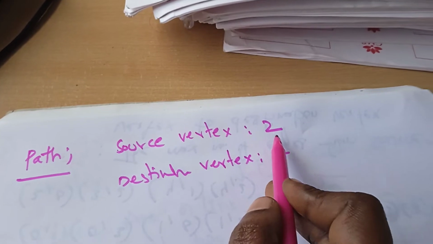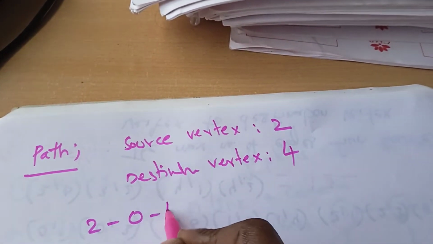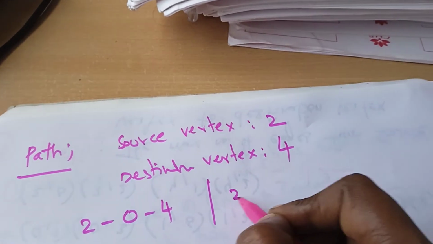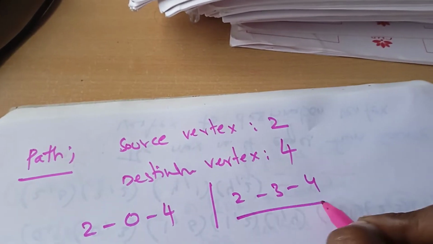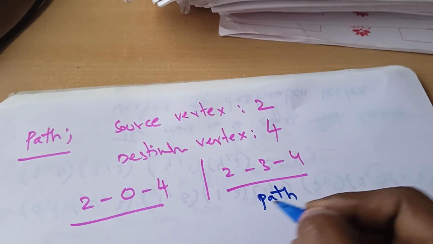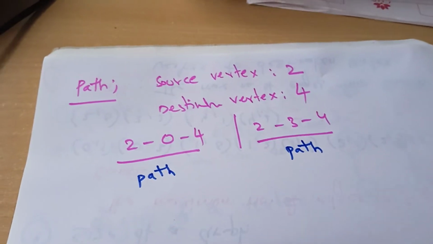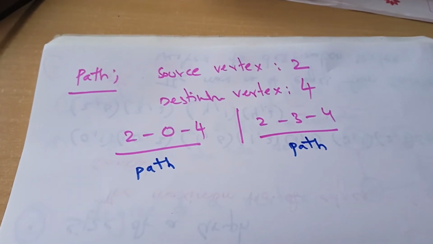Now how to reach 4 from 2 in the above graph? 2 to 0 to 4 or 2 to 3 to 4. These two are called paths.